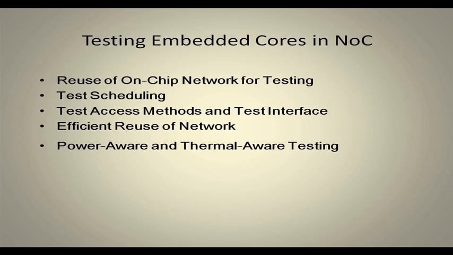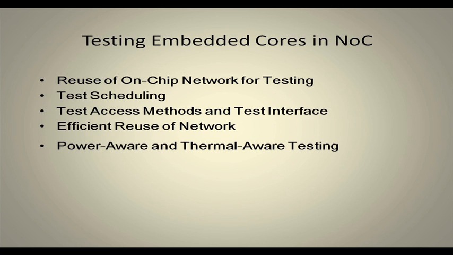If they are overlapping, then naturally the two test sessions cannot go on in parallel. So, this scheduling is important. Scheduling will tell us at what time we can do the testing, and the resources needed for testing, in terms of these intermediate routers and links, must be available for the entire test session. So, this scheduling has to be done carefully.